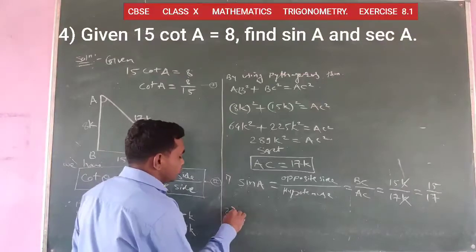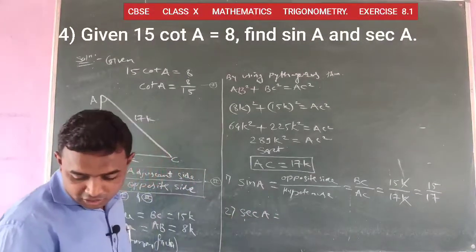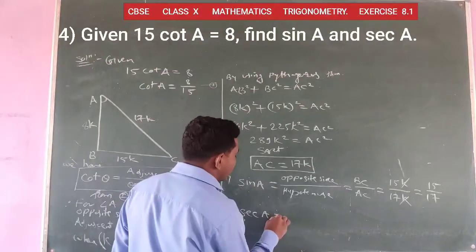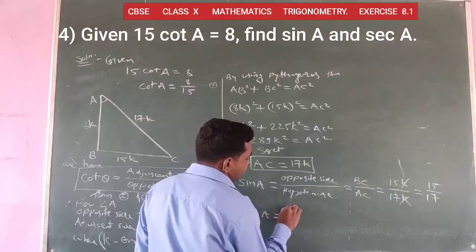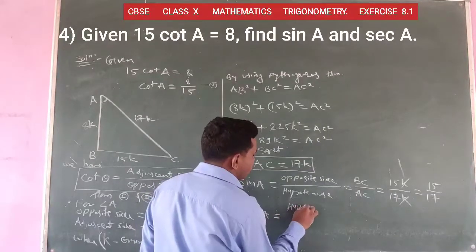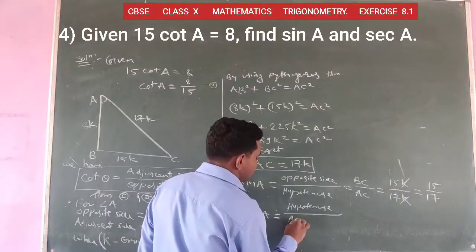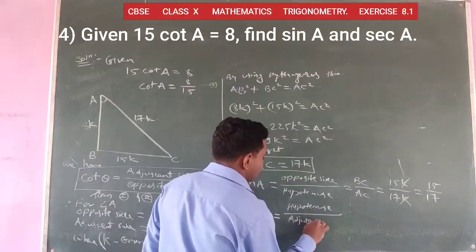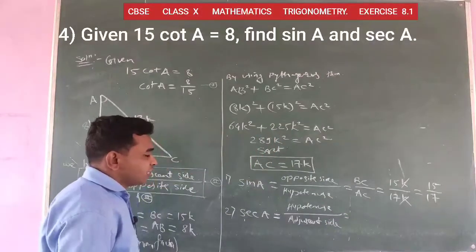And number 2, what is the value of sec A? Second one is sec A. What is the formula for sec A? Hypotenuse upon adjacent side. So hypotenuse is 17k.